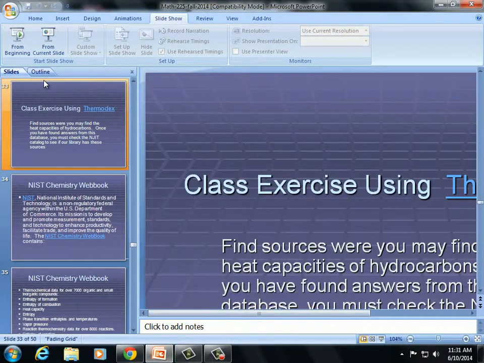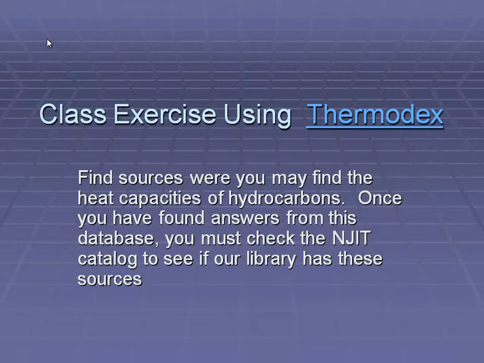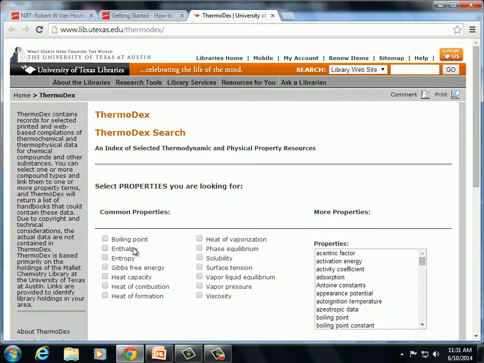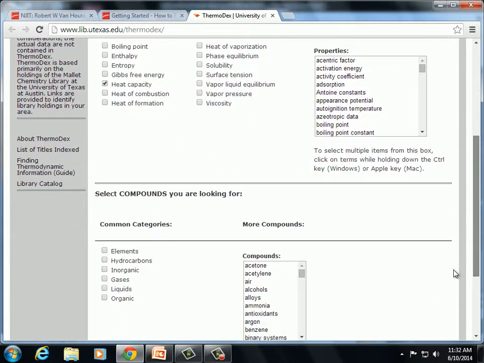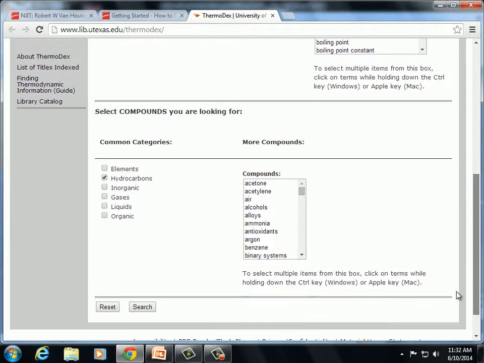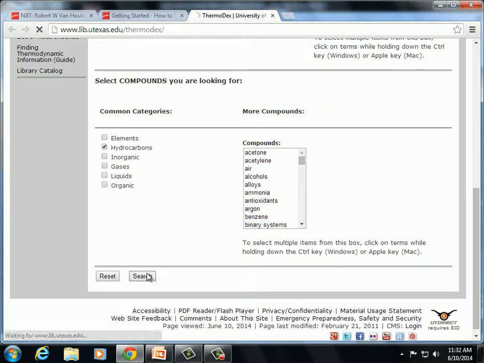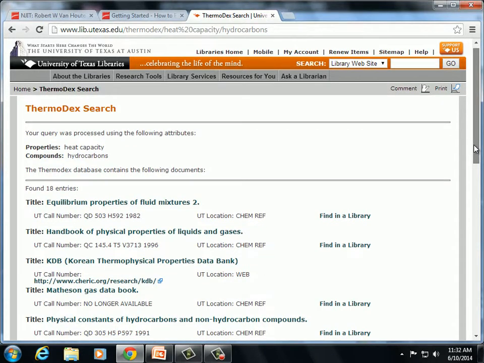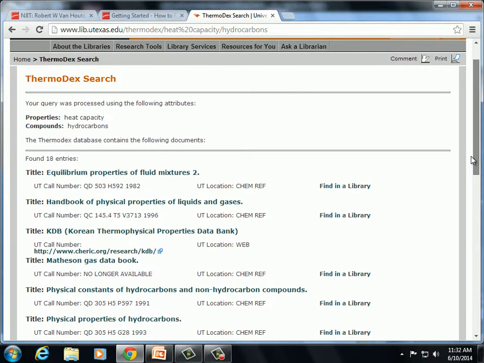Heat capacities of hydrocarbons. I'll click on the heat capacity here, type of hydrocarbons over here, search. And it gives you 18 sources where you could find heat capacities of hydrocarbons.